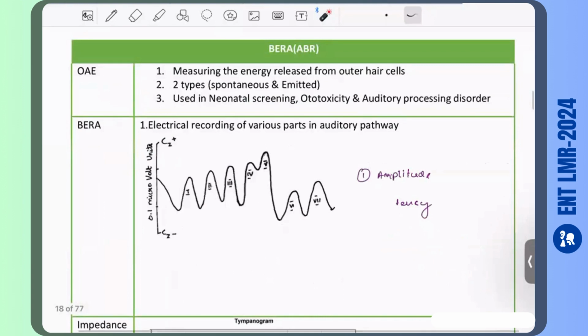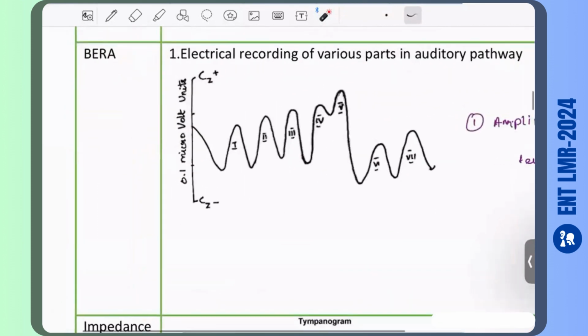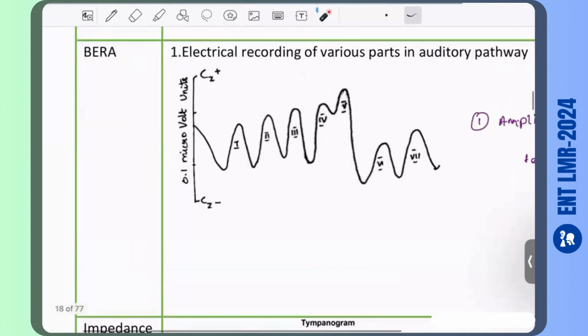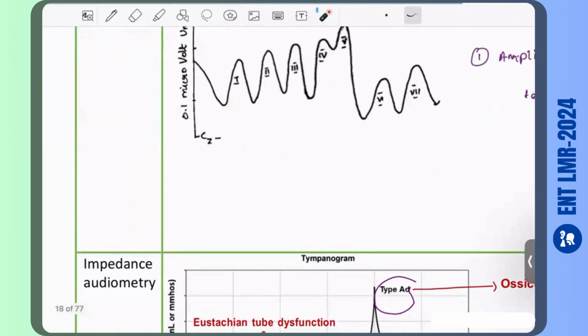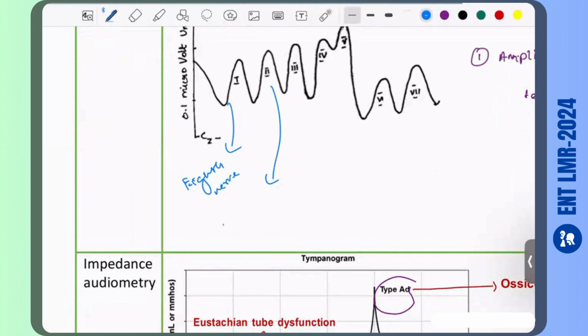Very important. Now BERA. We place electrodes on the skull of the baby, and we measure the electrical activity from all parts of the auditory pathway. So the first wave is for the eighth nerve. The second is for the eighth nerve. The third is for the cochlear nucleus.